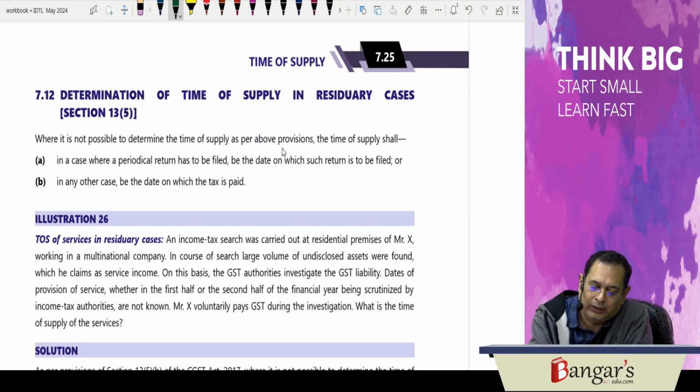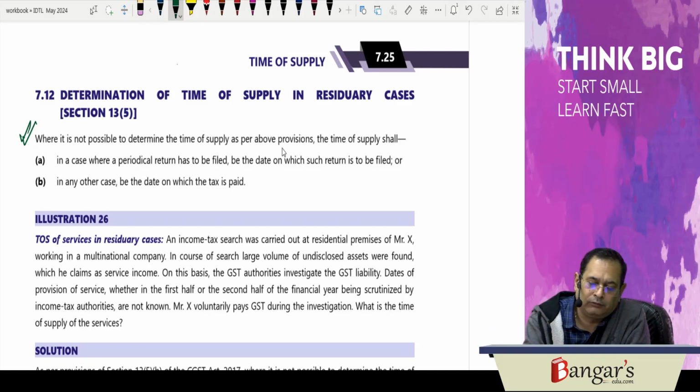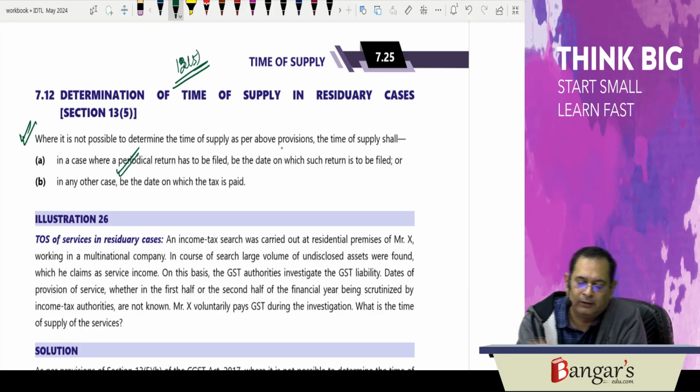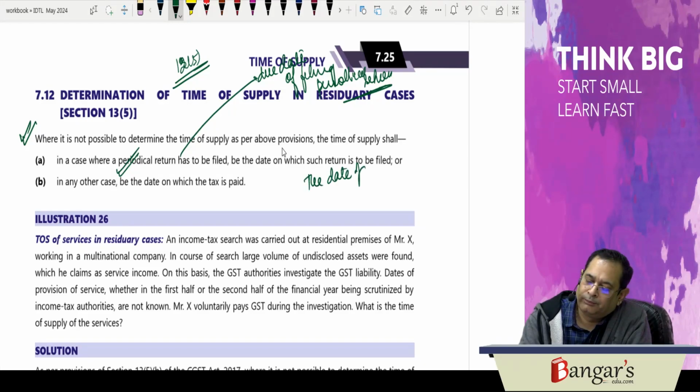Then in residuary cases, same as 13(5) and 12(5), they remain the same. In residuary cases, where a periodical return has to be filed, it is the due date of filing the periodical return. And if the periodical return is not filed, then it is the date of payment of tax.